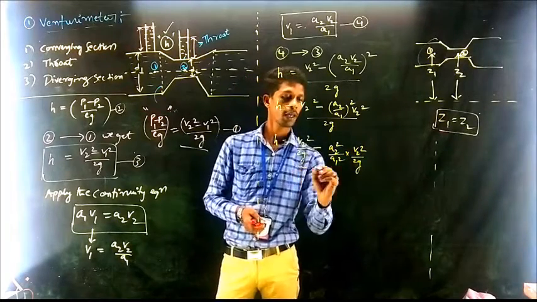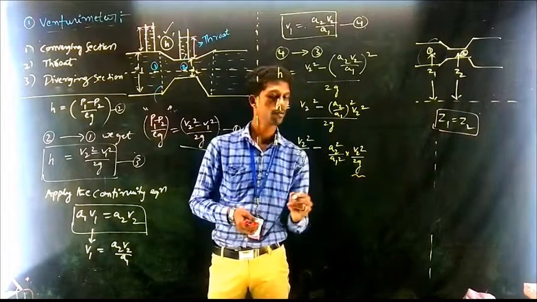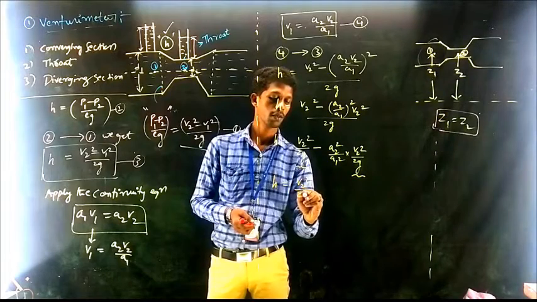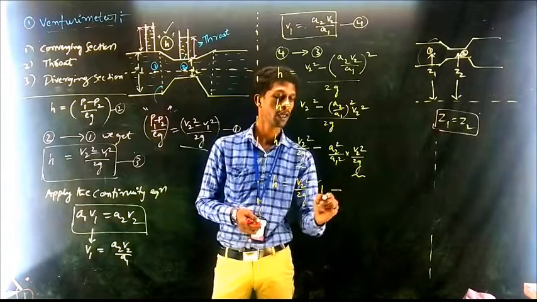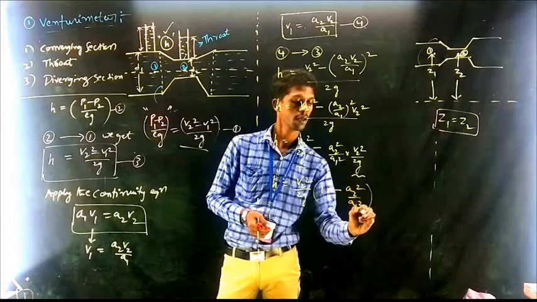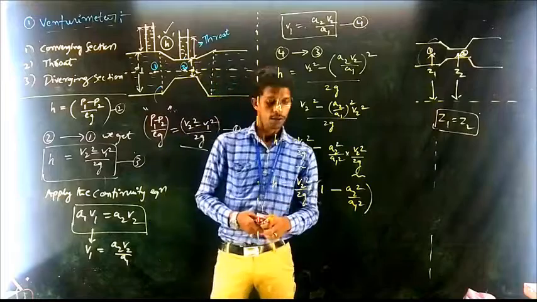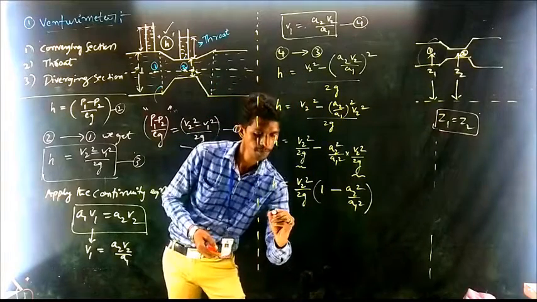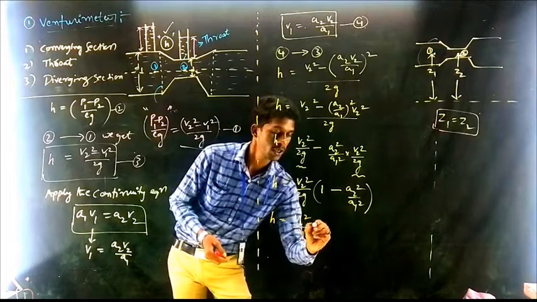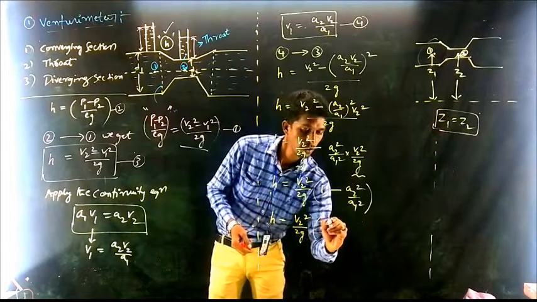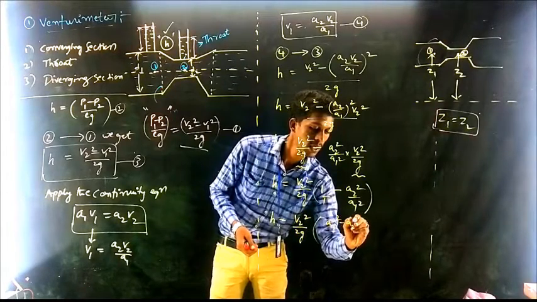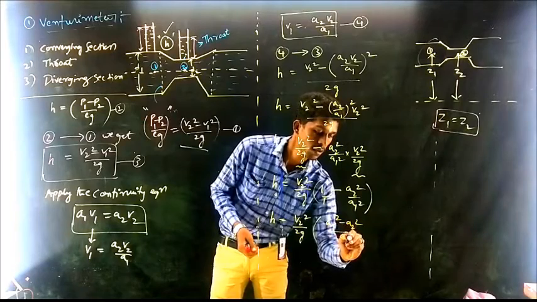Taking these two terms common, H is equal to V2 square by 2G into, taking 1 as LCM, A1 square minus A2 square by A1 square.